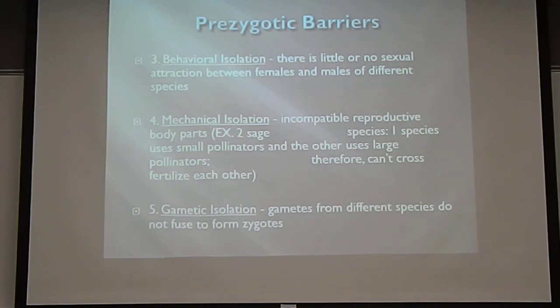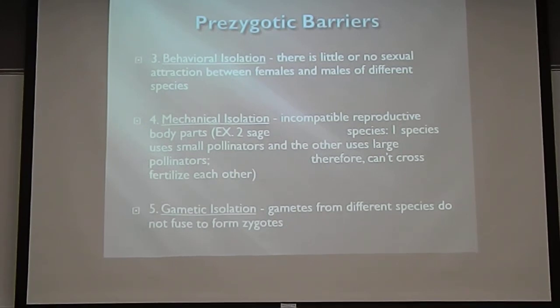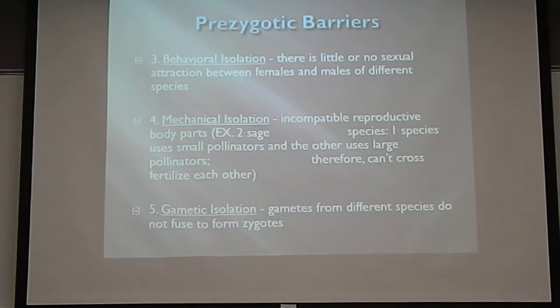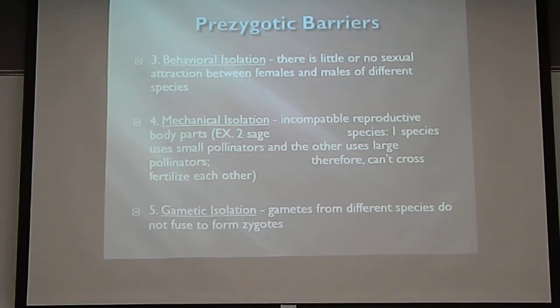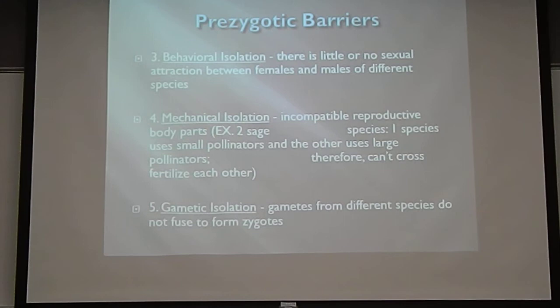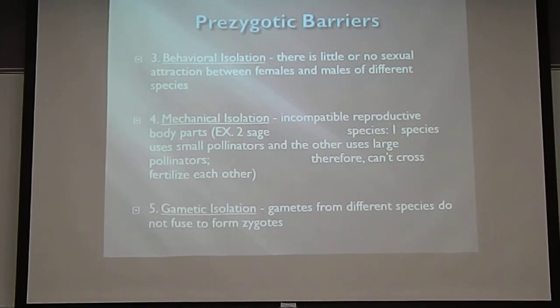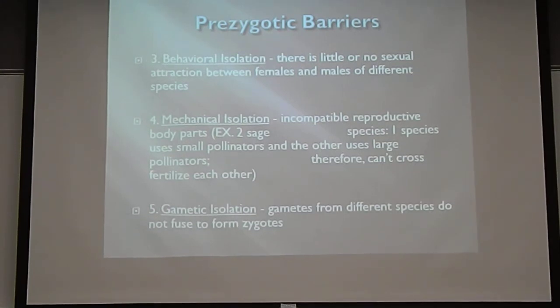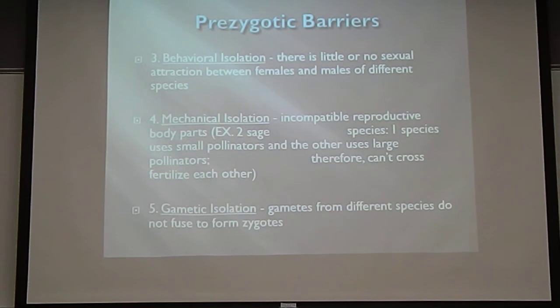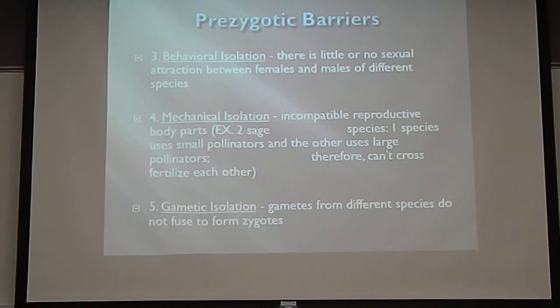There's one sagebrush and another sagebrush species that live in the same area, but one has a larger flower than the other, and so one attracts certain pollinators, and the other, smaller flower has different pollinators that it uses. And so there's hardly ever dispersal of the pollen between the two different species because they have different pollinators who like the different sized flower.